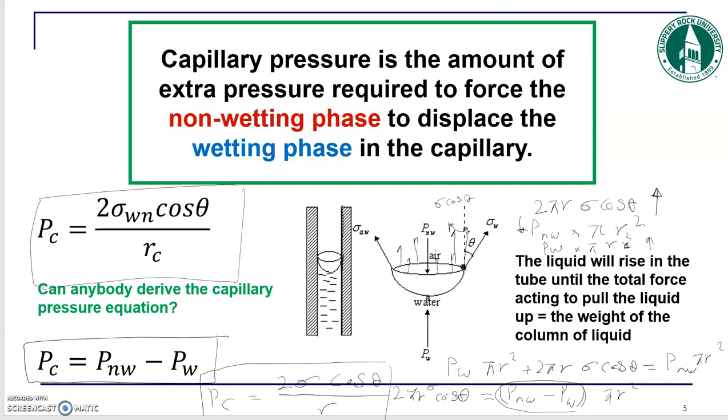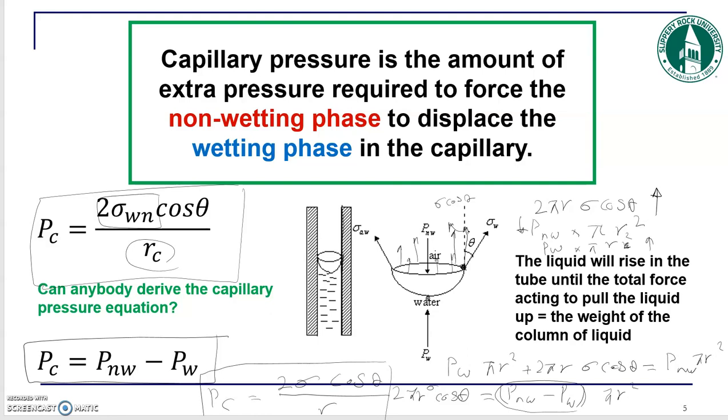So the narrower the tube is, the higher the capillary pressure is based on this equation. So you need more pressure in order to push the air to displace the water completely from the capillary tube if you have a narrower tube. Of course, the larger the tube in terms of diameter, you need less pressure until some point that you don't have any capillary pressure if your radius is large enough compared to your sigma value.